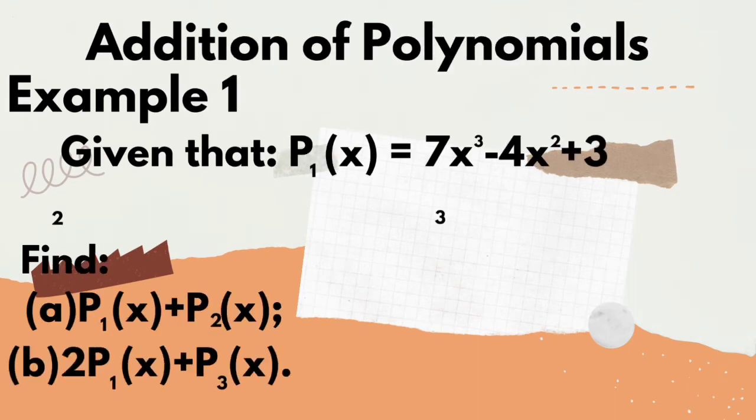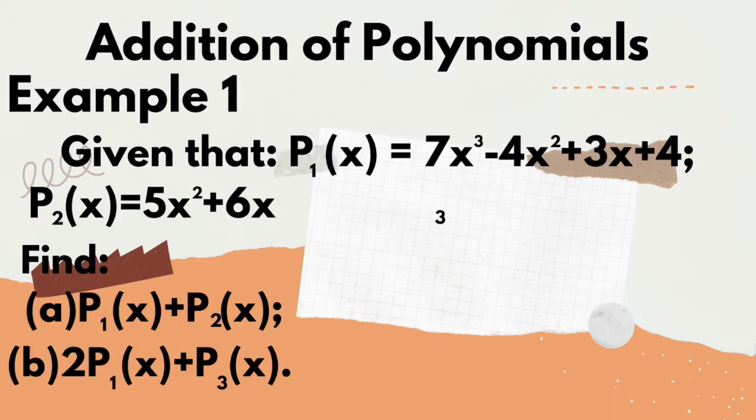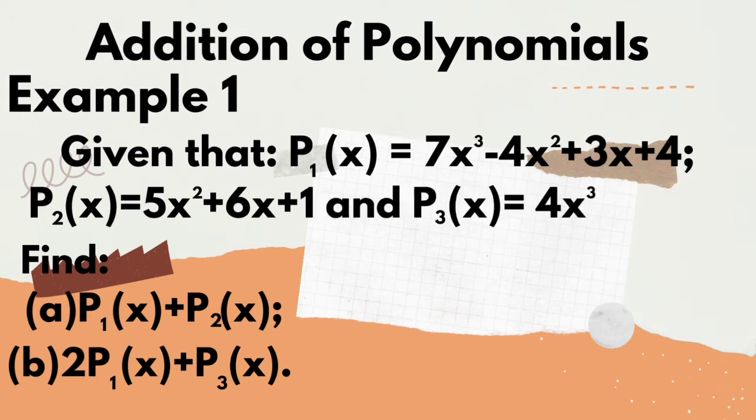Now, the second part of the question is find 2P1 of x plus P3 of x. It means you will multiply 2 by whatsoever you have in P1 of x. So if you multiply 2 by 7x raised to power 3, it gives 14x raised to power 3.